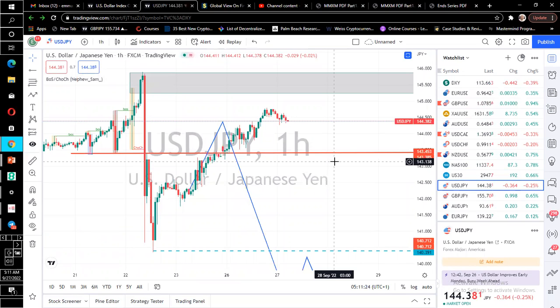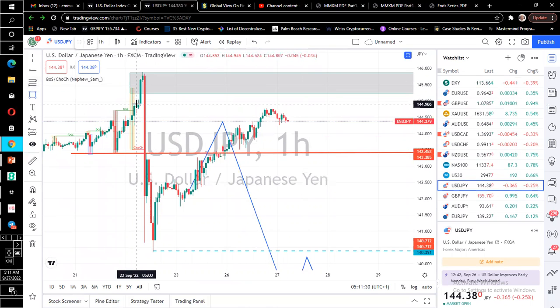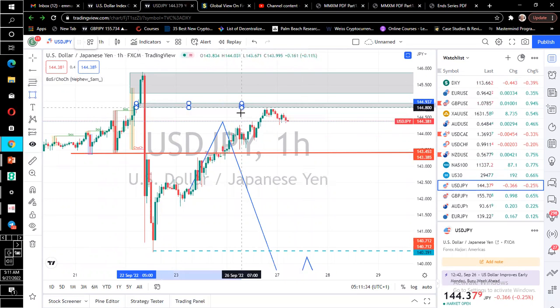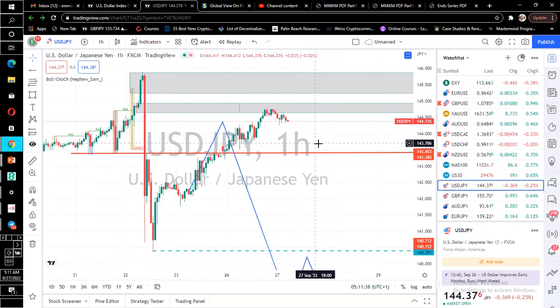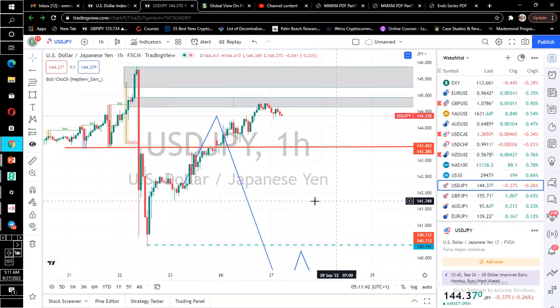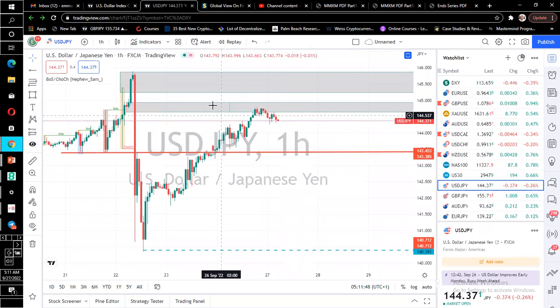And USDJPY, it has gotten to this level. Right? So we really want to see them come down. But then what we're expecting to see here is this, because we'll have a block here, major block here.